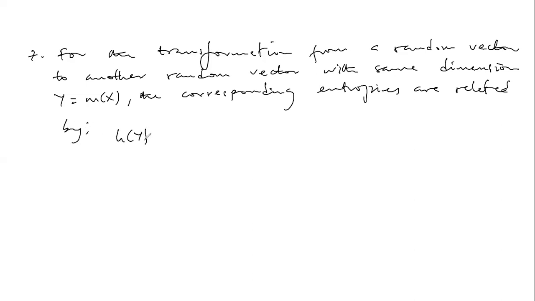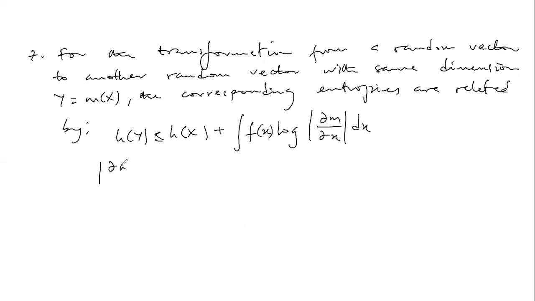So that h(Y) is less than or equal to h(X) plus the expected value of log of the Jacobian, |dm/dx|. Now, |dm/dx| is the Jacobian of the transformation, okay?